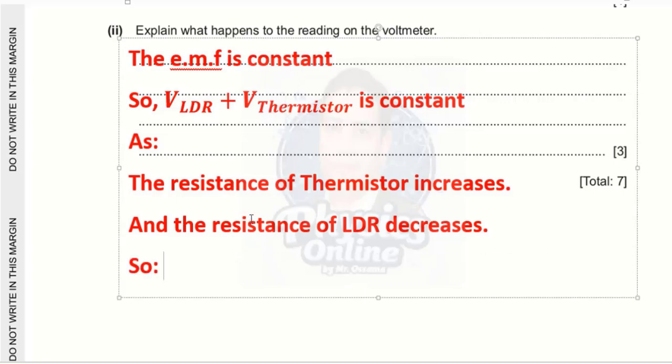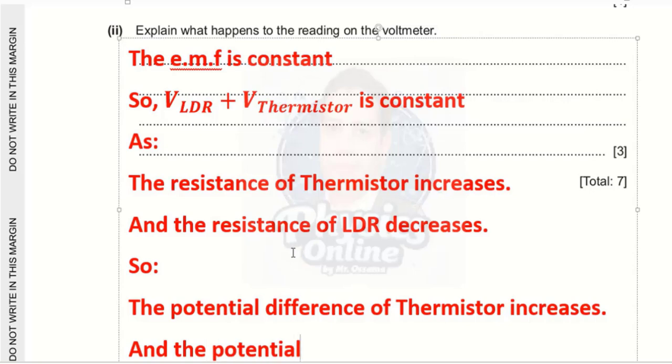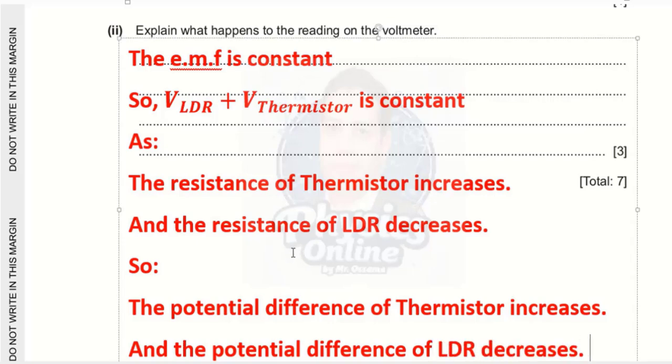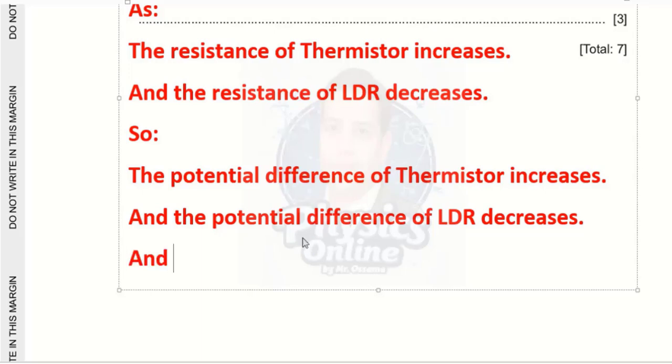So the potential difference of the thermistor increases and the potential difference of the LDR decreases. The voltmeter is across the LDR, so the reading on the voltmeter also decreases.